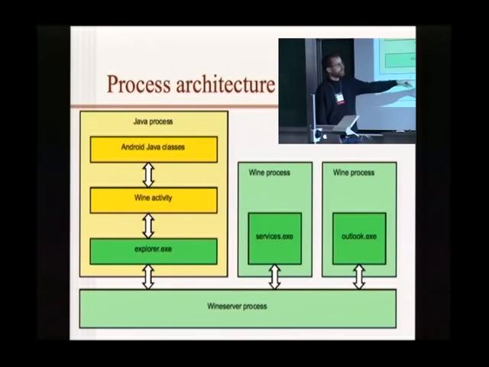I tried at some point to make every process into a Java process so that we can do Java calls from any one process, but it's very difficult. There is no way you can get control over the Java process. You cannot pass file descriptors. You cannot set environment variables, stuff like that. So this is the architecture I'm settling on.